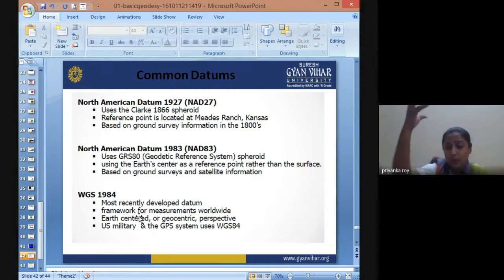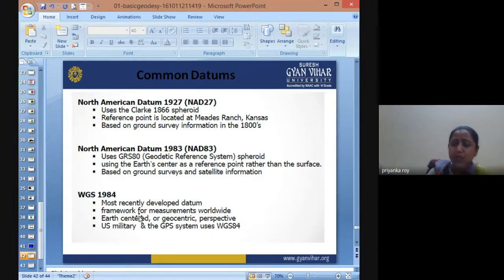So when you want to get your spacecraft back to the earth, you need to have a positioning system. To establish the positioning system, this GPS system was developed. WGS 84 was implemented and applied in this technique.